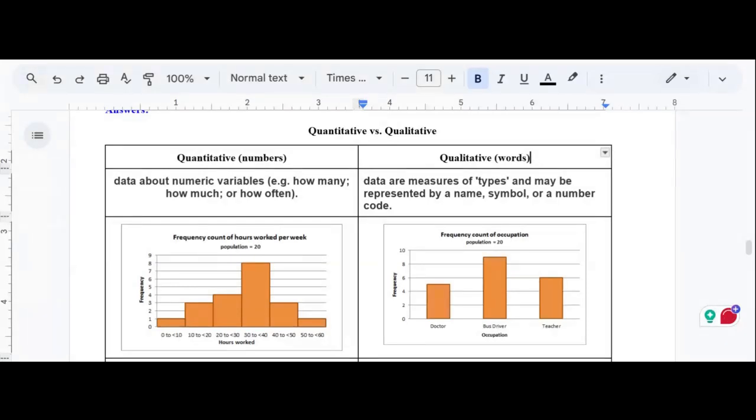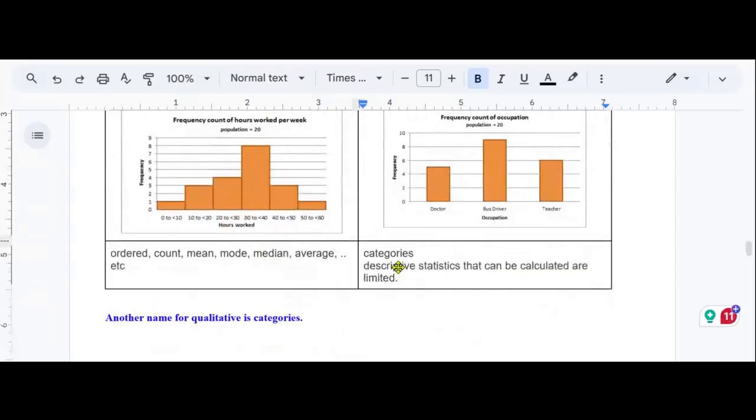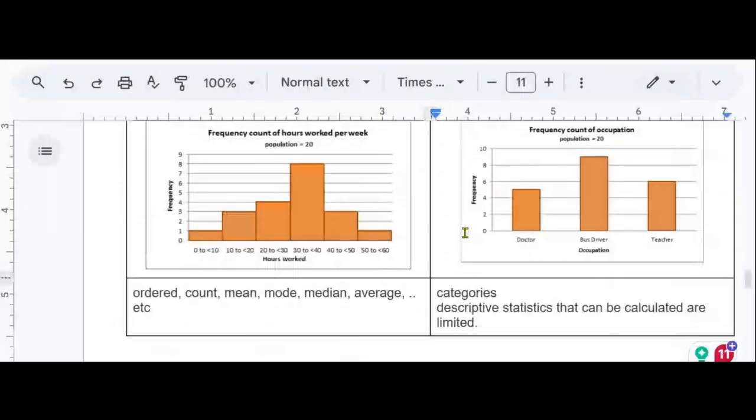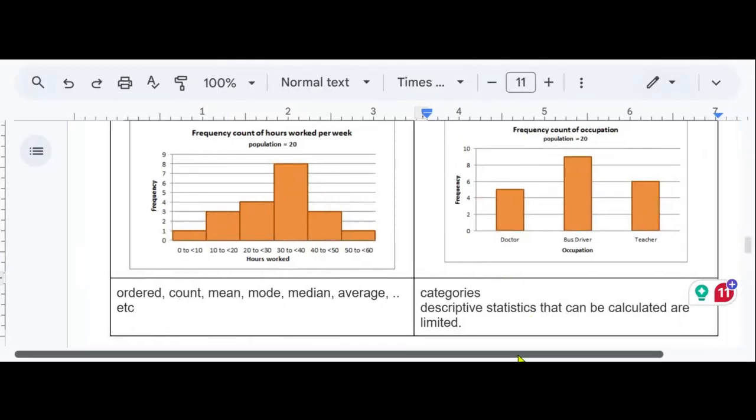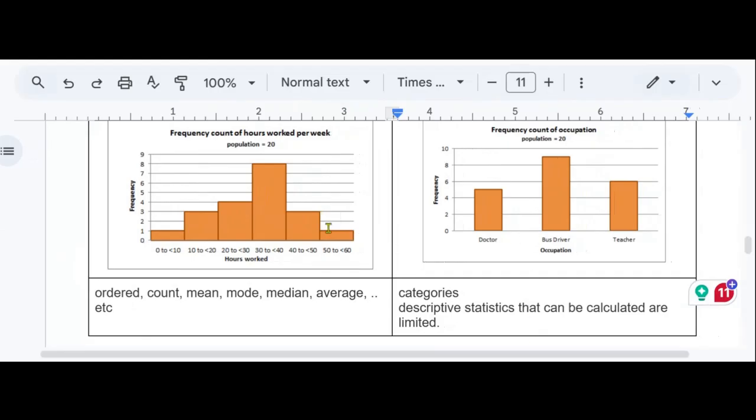Look at this and this one. Tell me the difference. There's a lot more to do with numerical values of quantitative data, but there's something major here.